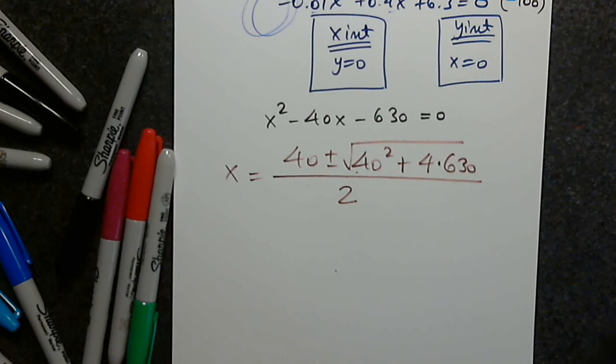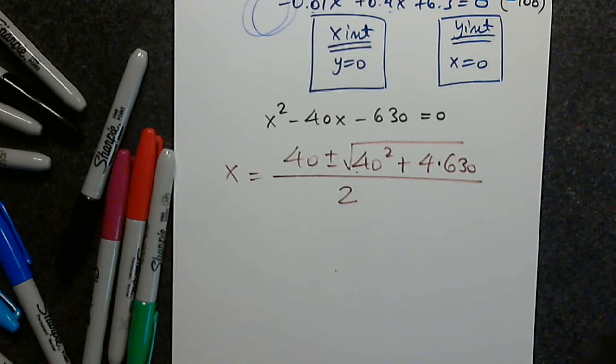Okay, so let's do this together. So parentheses, remember, around the top, 40 plus the square root. The software may not require parentheses under the square root, but I don't care. I put them in there. 40 squared, and then plus 4 times 630.